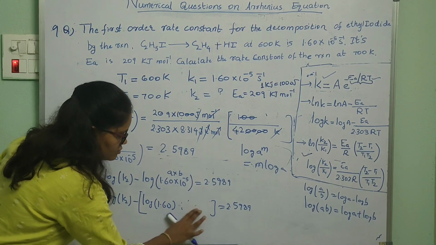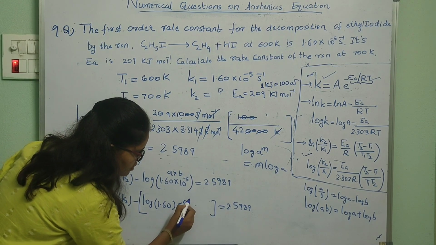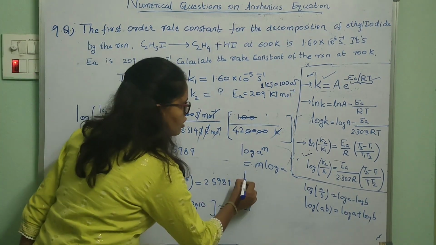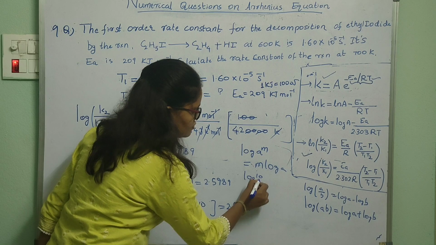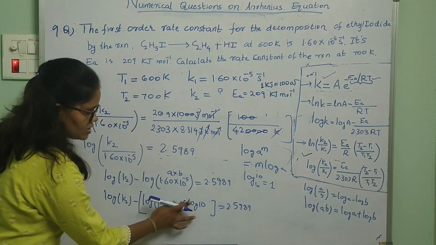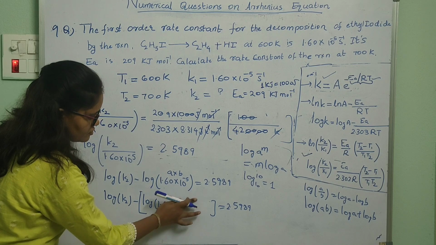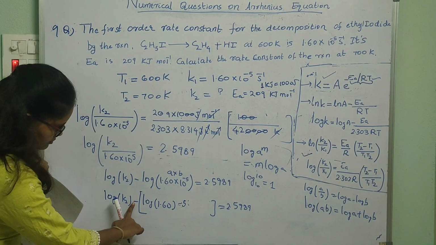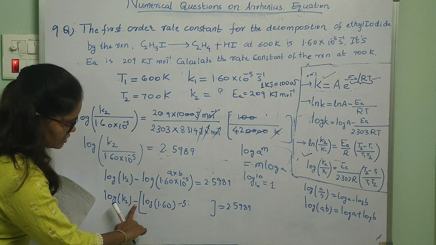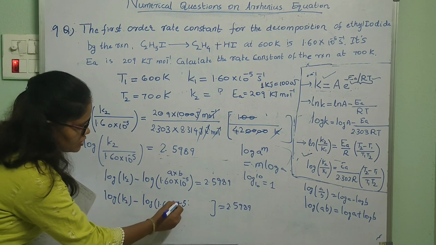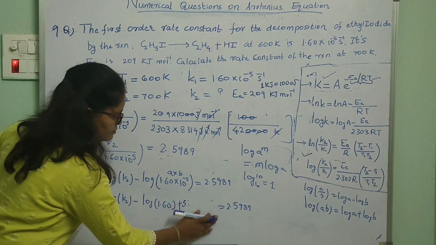So this will become minus 5 log 10. And we know that log 10, to the base 10, is equal to 1, right? So this log 10 will be 1. So now when I multiply this minus with the terms in the bracket, this will become minus log 1.60 plus 5.